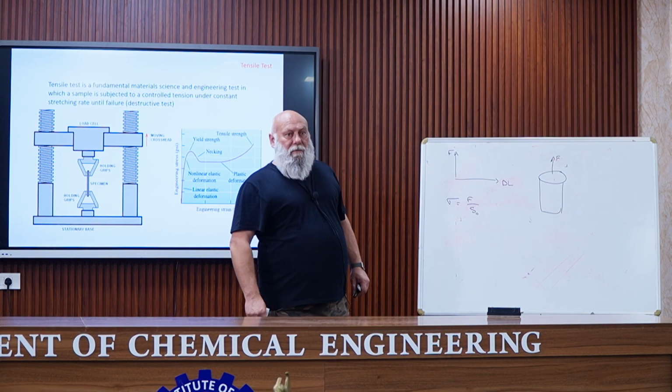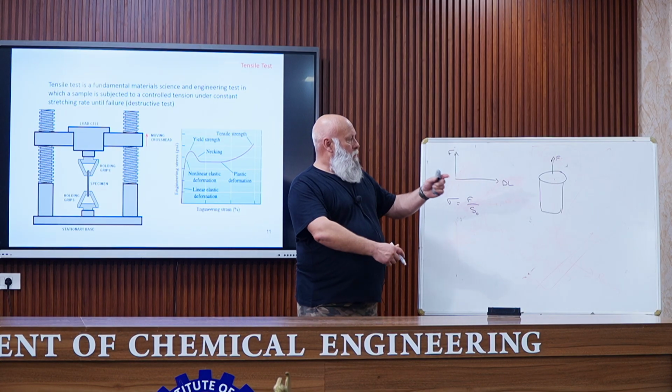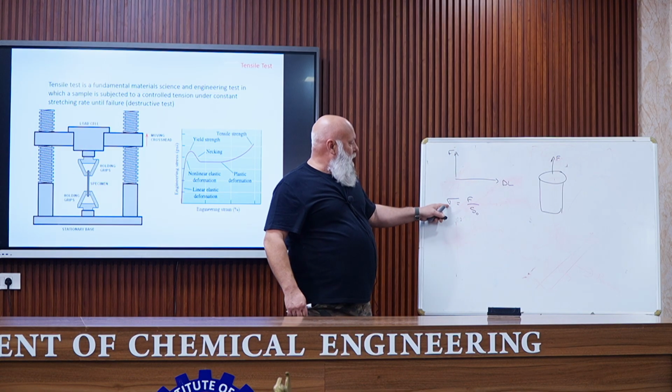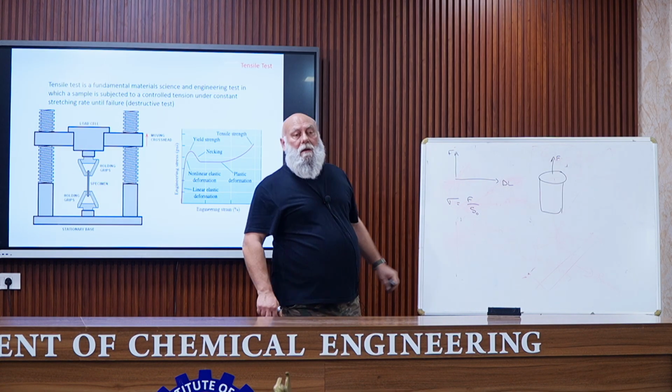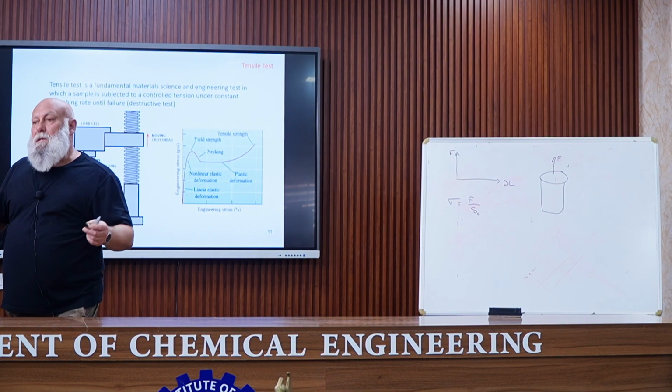So when applying the force, and if the deformation of the sample is high, of course, the section of the sample will decrease. So it means that we can consider only the initial section of the sample, which is easier to determine.